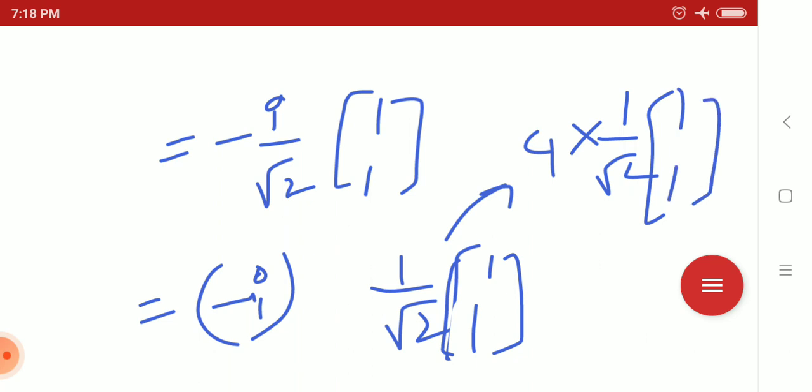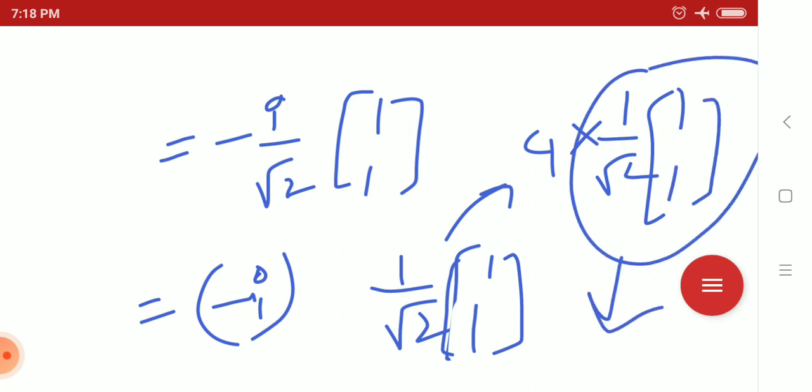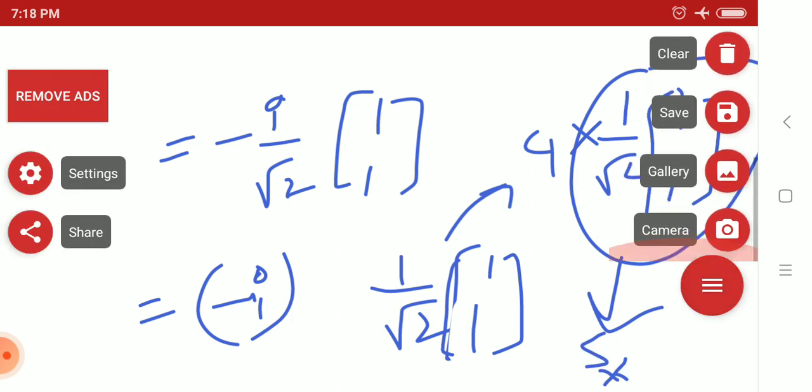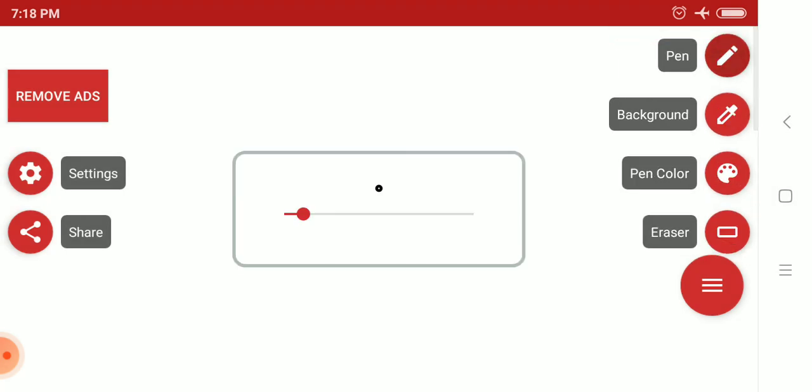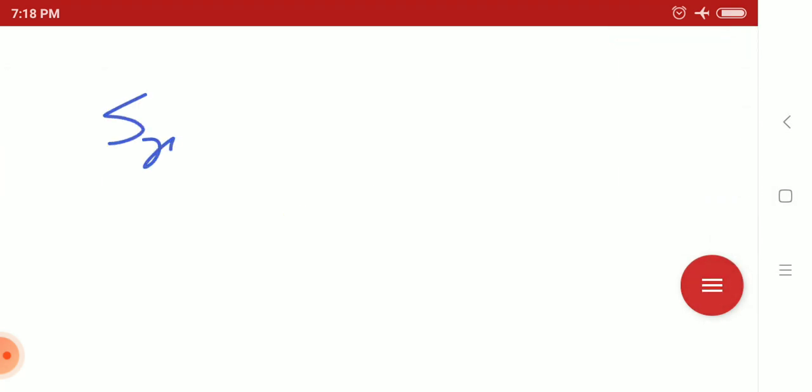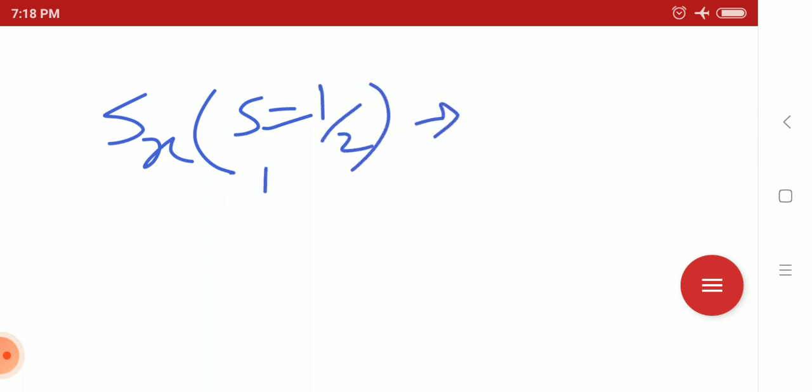Now the thing is, what is this? This is the eigenvector of the x component of the spin matrix, S_x, for S equals half, the positive sense, which is 1/√2 [1, 1].